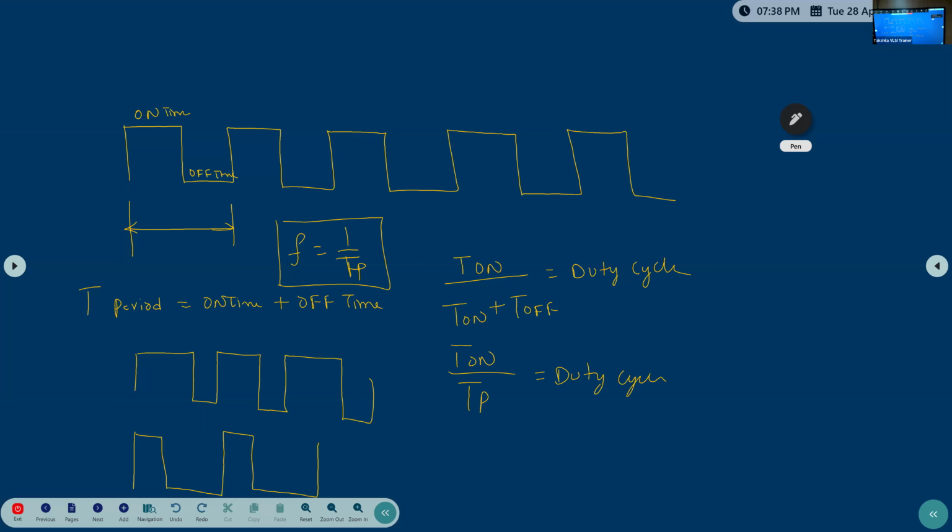So next, in the clock period, if you observe, this is one clock period. This clock period has two types of things.